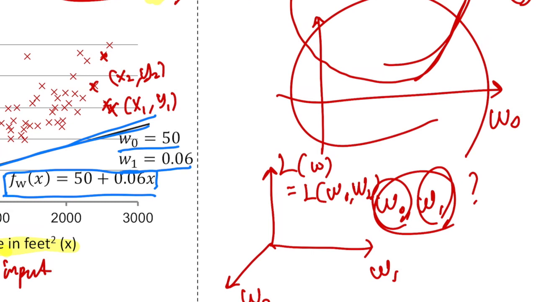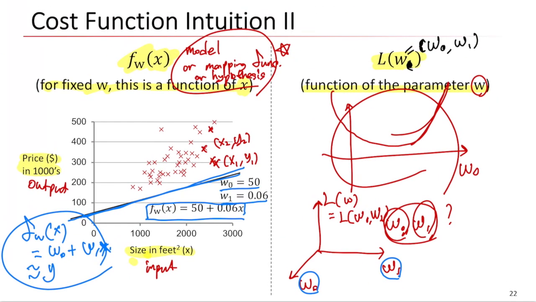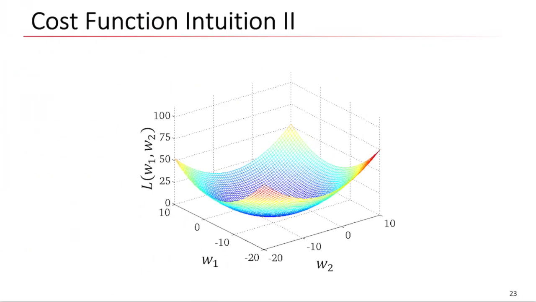With the two variables, we can define the loss function in three-dimensional space. This is the cost function of our problem with respect to the two variables W0 and W1.